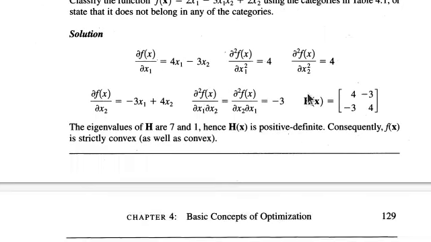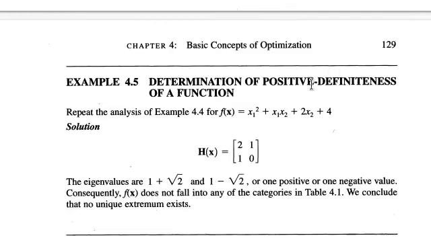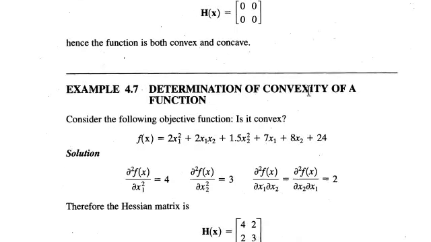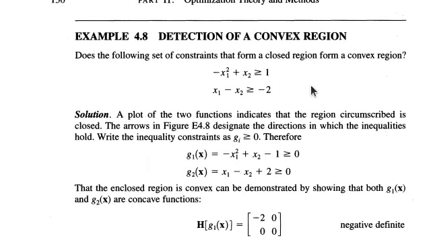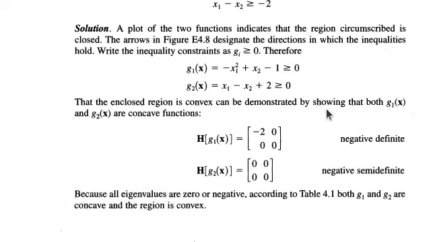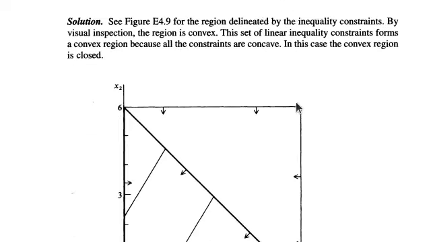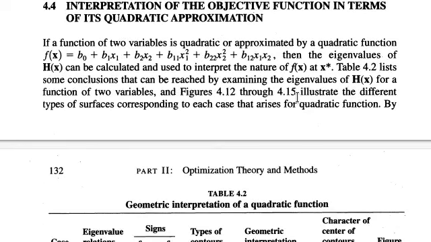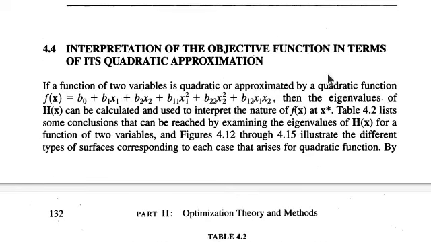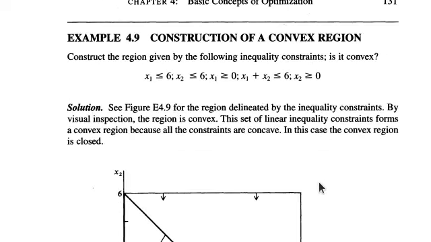So all these examples are there. You can solve these examples and understand this here. Detection of a convex region. So all these things are here. Construction of a convex region. So this is in your module 1, I think the last section, convexity and its application.